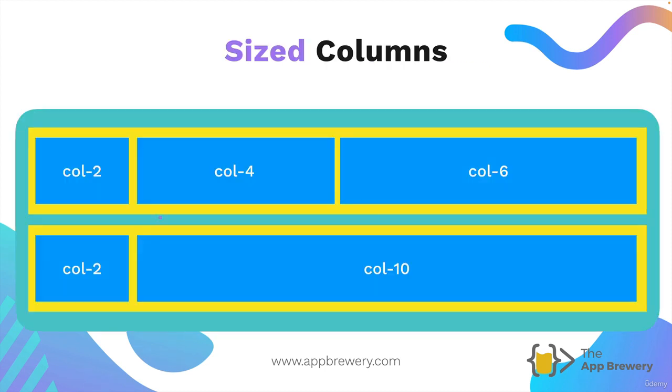The layout system gets more interesting when we start using sized columns. Instead of just writing col as the class, we can actually set the class as, for example, col-2 or col-4.